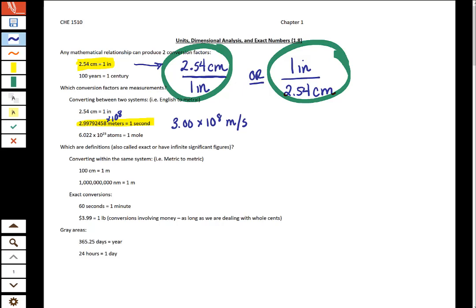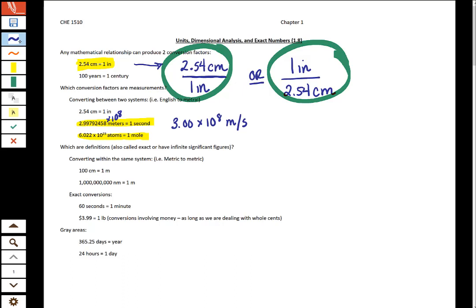The other thing that's measured would be, for example, Avogadro's number. If you've taken chemistry before, you know what Avogadro's number is. You know that it's the number of atoms or particles or molecules that make up 1 mole of something. So we can definitely have more digits past the 6.022. We just happen to round it to make it more manageable.